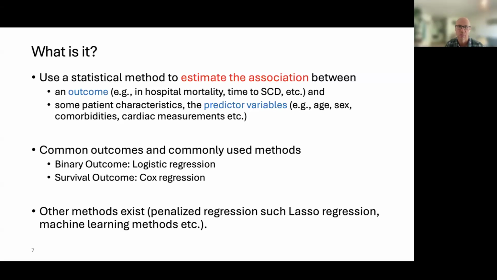In shorter outcomes, the outcome can be thought of as a yes or no outcome. That would be, for example, in-hospital mortality after an operation. That is a short-term outcome where logistic regression may be suitable.